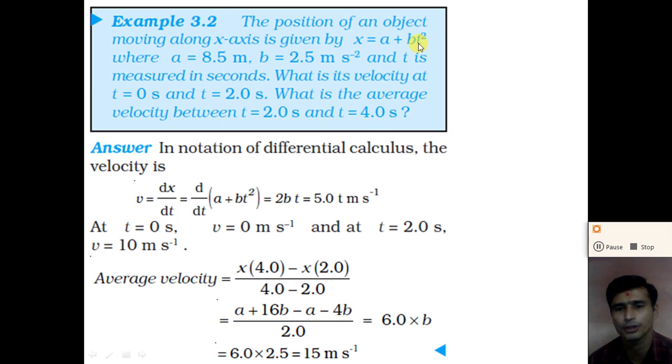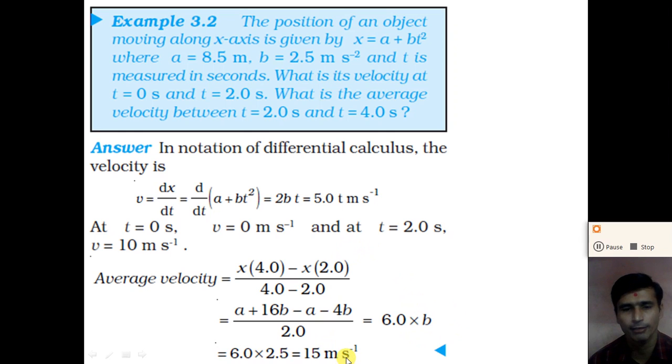Similarly we get the position at t equal to 2 second, and from x4 and x2 we can calculate the average velocity between these two. A cancels out, 16b minus 4b divided by 2, we get 6b. Now the value of b is 2.5, so 6 into 2.5 is 15 meter per second.